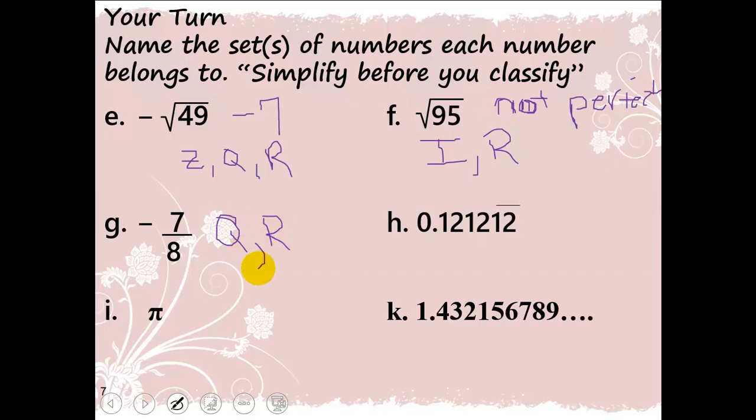This is a repeating decimal, so that makes it rational and real. Pi is a never-ending decimal, doesn't repeat, so that's irrational and real. And these ellipses right down here say that this number just goes on and on forever. And notice that there is no pattern. So that's an I and an R.